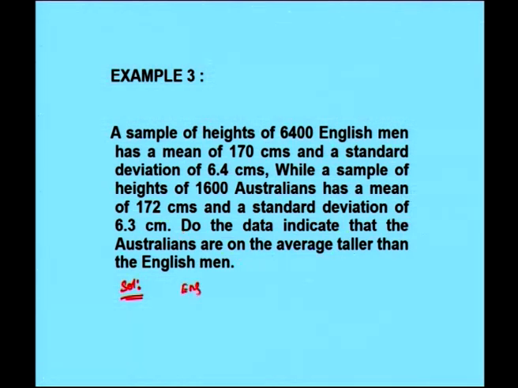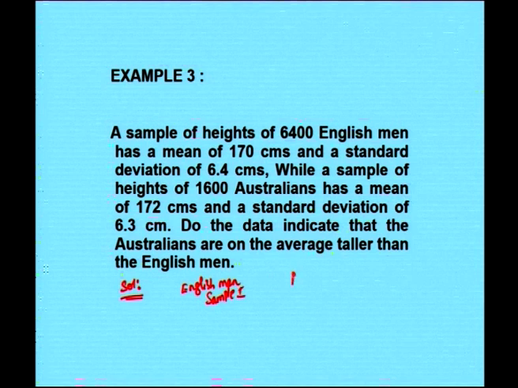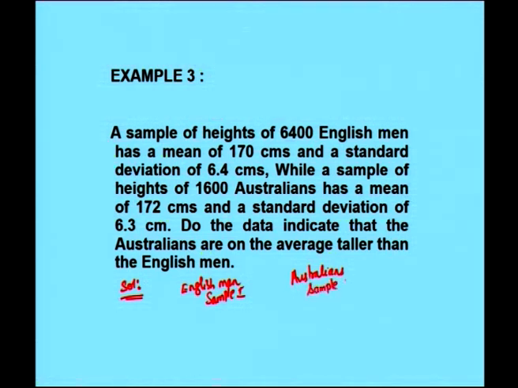So, let me take Englishmen as the first sample, sample 1, and Australians as sample 2. So, they are totally population 1 and population 2, totally different populations.